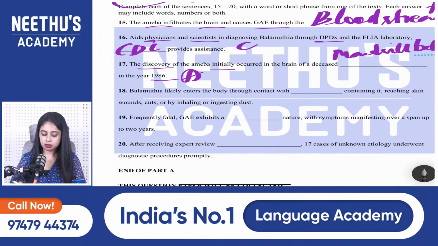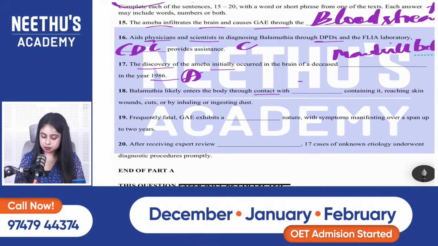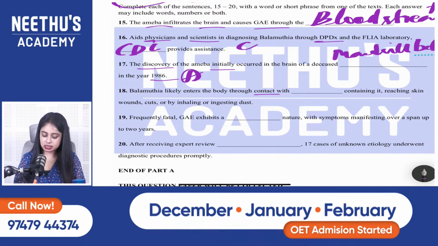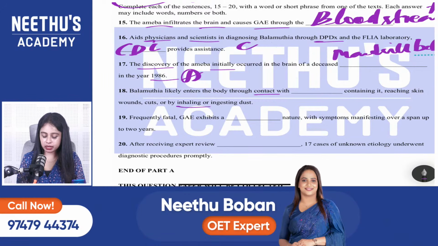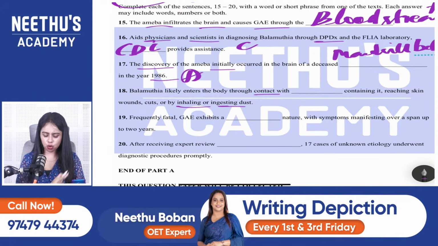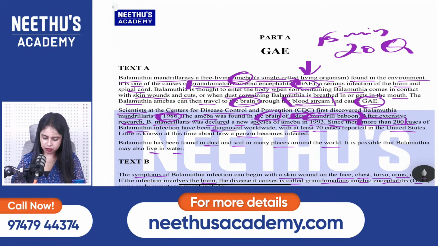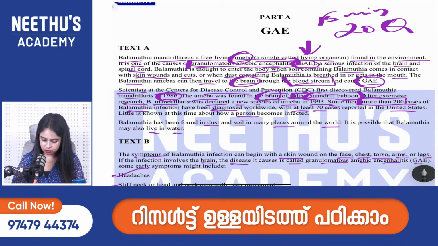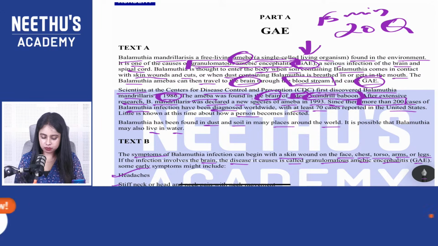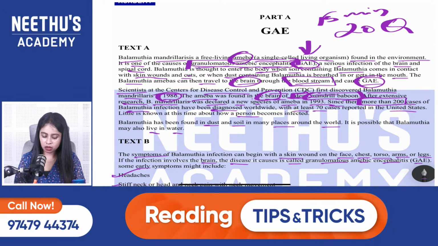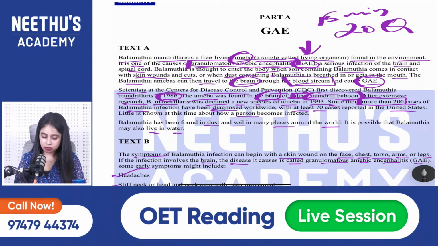Then 18th one. B infection likely enters the body through contact with dash containing it, reaching skin, wounds, cuts, or by inhaling or ingesting dust. So these all things are mentioned in text A. So what is the missing word here? A lot of methods of infection transmission are mentioned here: skin, wounds, cuts, or when dust containing, right?